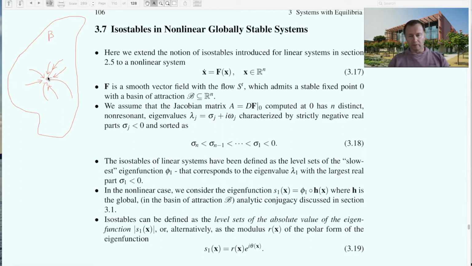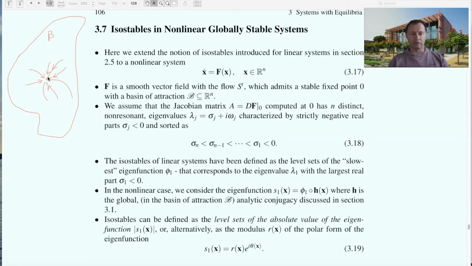And the key idea here is that we really would like to define new coordinates inside the basin of attraction that are dynamically adapted, that make the dynamical system kind of the simplest, in the same sense that Jordan form makes the linear system seem simple because it has a diagonal part and then an off-diagonal part. So we'd like to do something like that for nonlinear systems as well.